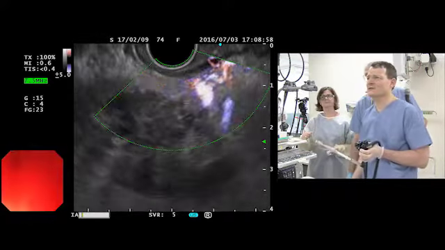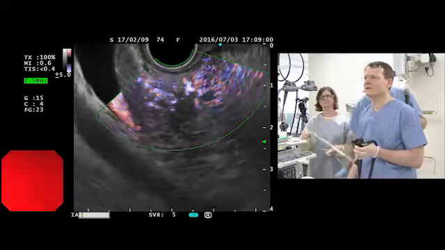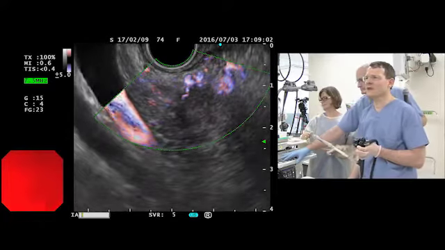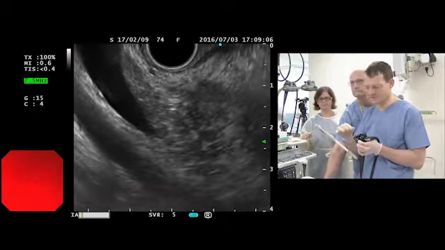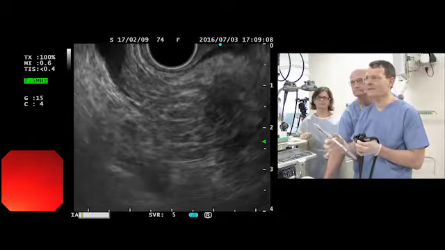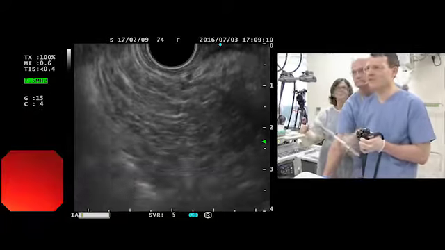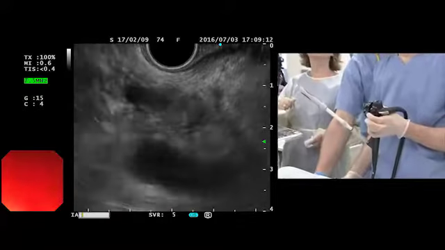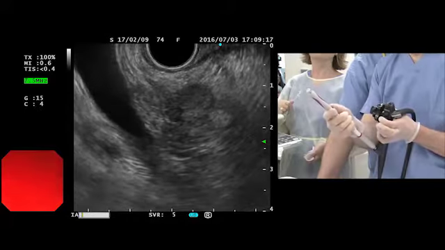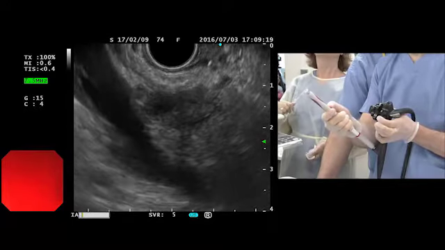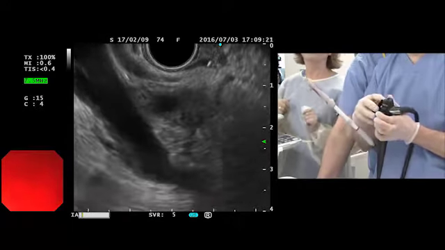Okay, I try to get the lesion almost in the center, a little bit on the left side, and you see that we have a little bit of a problem with stability here, but I think we will see. So first I advance the needle. Now you see the tip of the needle.